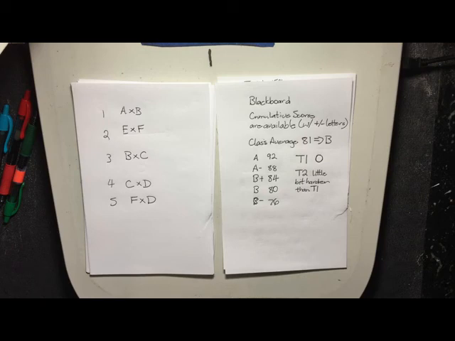E cross F is what? B, correct. B cross C. Never trust the old man. I know, the coffee has not had its effect yet. B cross C. It's A. Next.